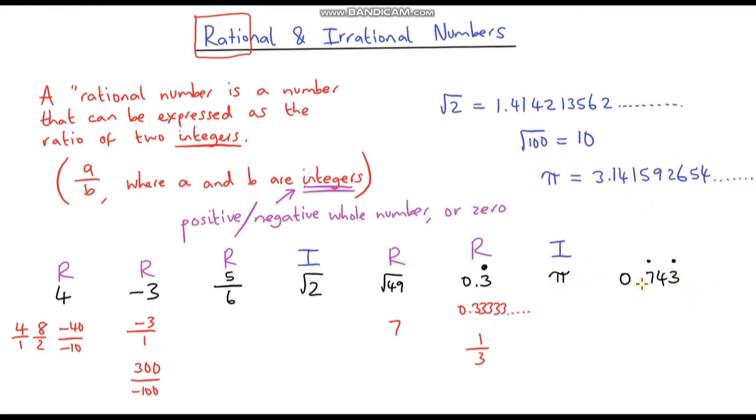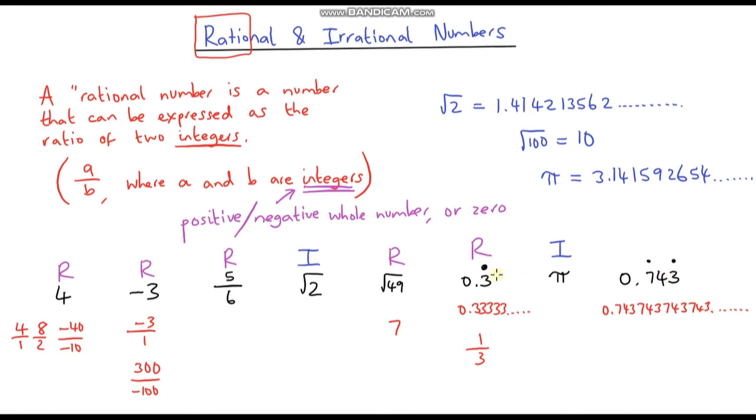Now the last one, 0.743, and we've got a dot above the 7 and the 3. So what that means is this is 0.743, 743, 743, and that 743 pattern keeps going on and on forever. So everything between the two dots just keeps repeating.